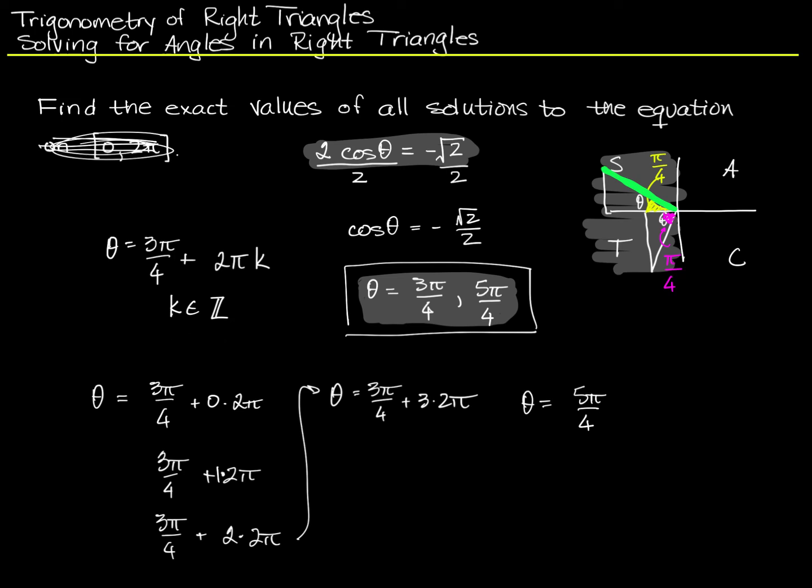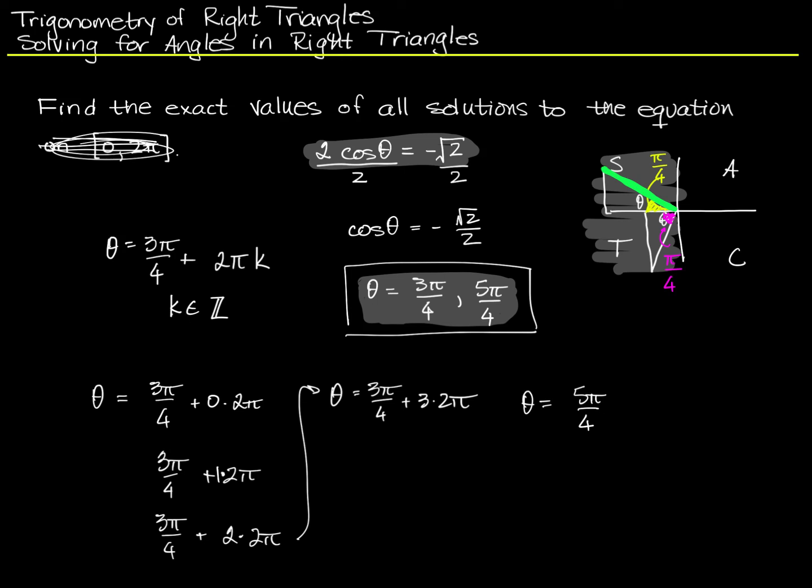If k is an integer, then this literally says 3 pi over 4 plus 0 times 2 pi, plus 1 times 2 pi, plus 2 times 2 pi, plus negative 1 times 2 pi, plus negative 2 times 2 pi. It's all represented because k can just stand in for that integer, and you get to pick whatever integer you want.